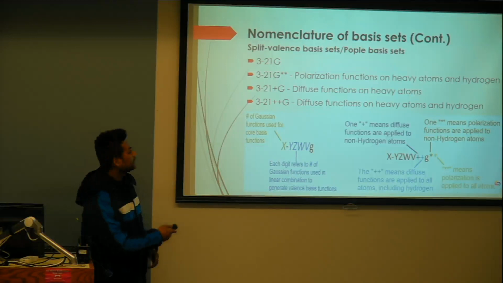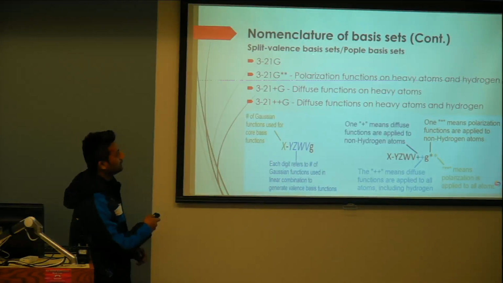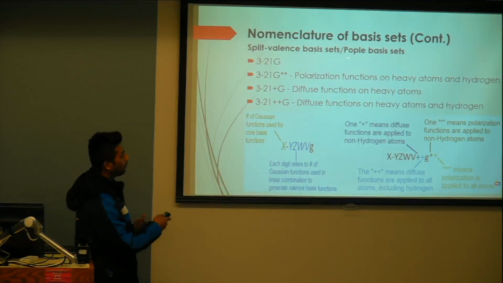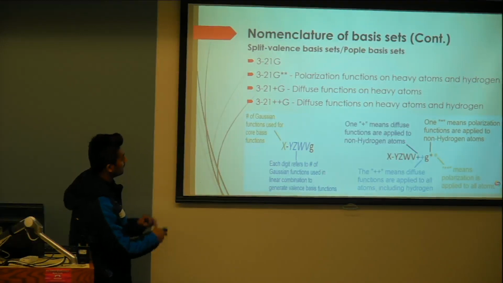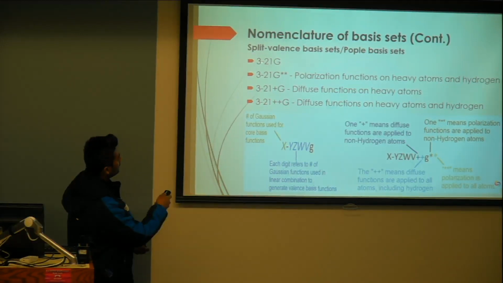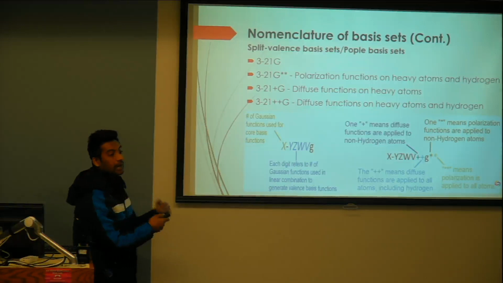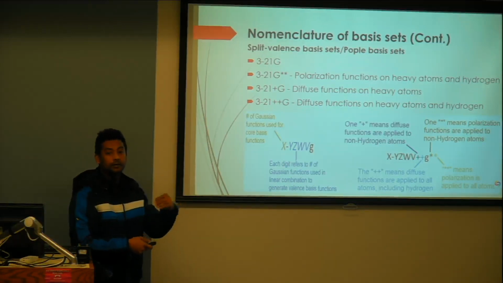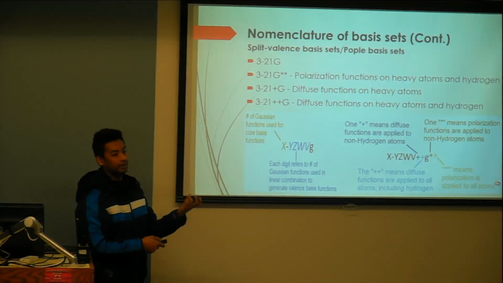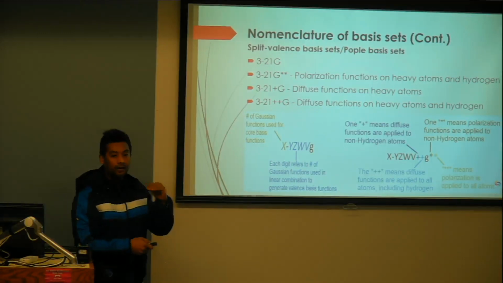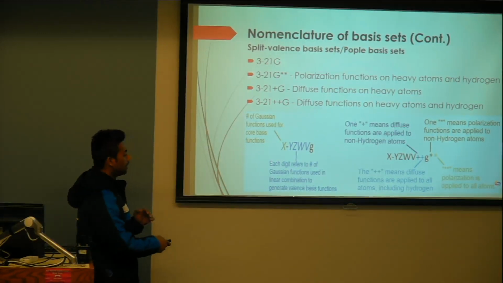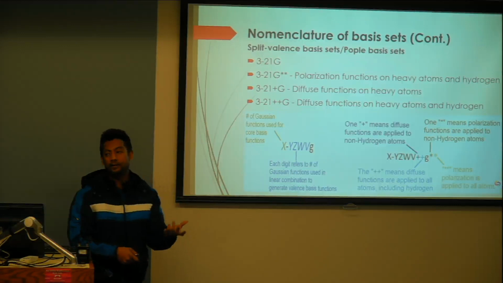Another is the split-valence basis set, also named after John Pople, the inventor. If you see something like 321, here is the explanation. The first number, x, is the number of functions used for the core orbitals, and y, z, w, v are the number of Gaussian functions used for the valence orbitals.